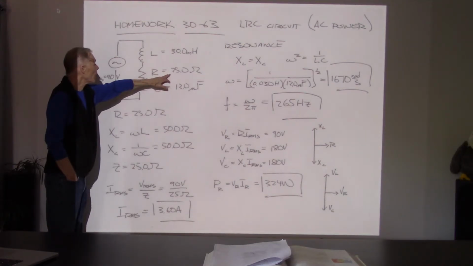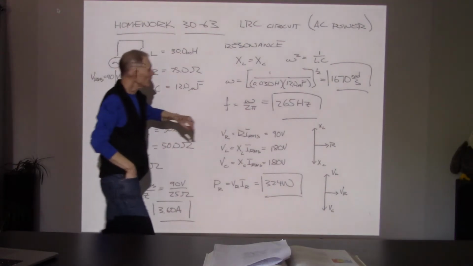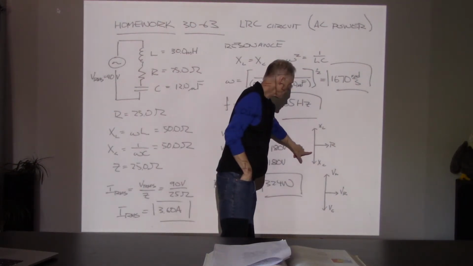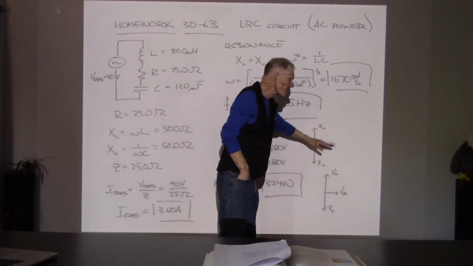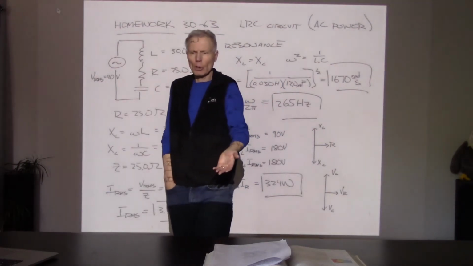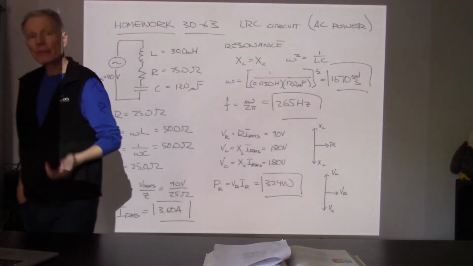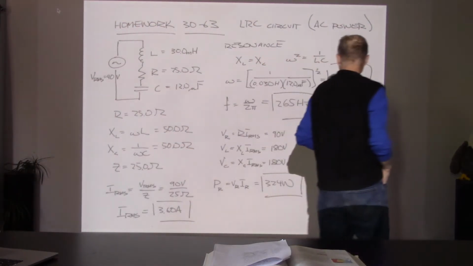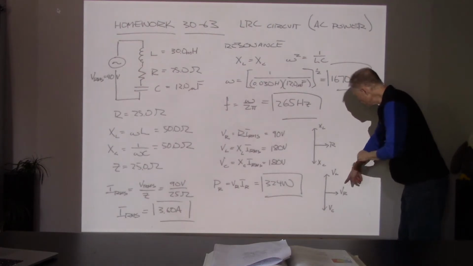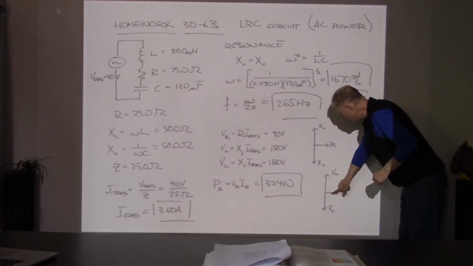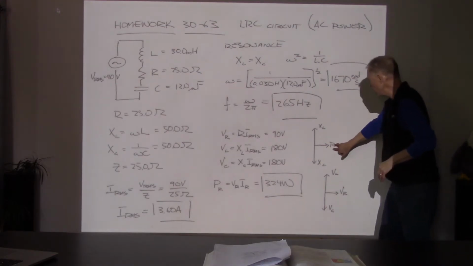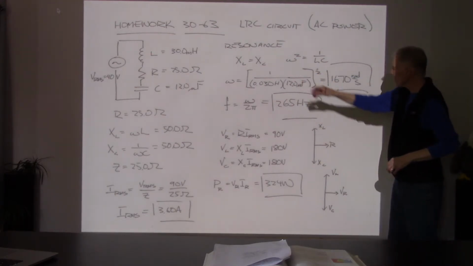R is not going away. If I look at my phasor diagrams for impedance, there is nothing to cancel out R. There is something that will cancel out the voltages. Moving down to the voltage, there's nothing that's going to offset the voltage across the resistor. So the resistor will always be in effect, and it's always going to have 25 ohms to it.